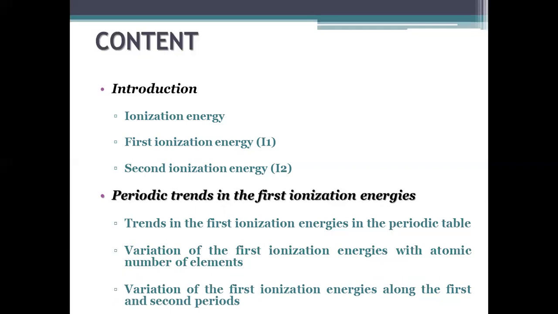Let's move on to the introduction and the definitions, and understand what is meant by ionization energy one by one. Can you recall what is called the ionization energy? The ionization energy of an atom or ion is the minimum energy required to remove an electron from the ground state of an isolated gaseous atom or ion.